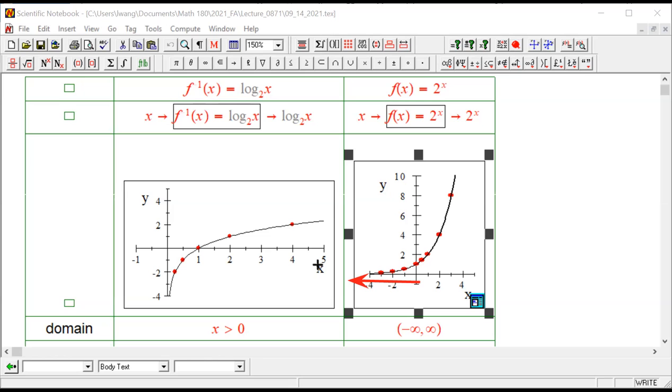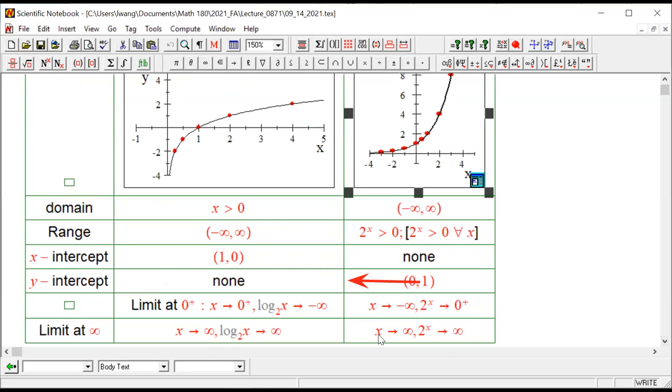But it never touches the x-axis, always a little bit above the x-axis, but gets as close to the x-axis as possible. That's what this sentence is describing. You follow me?